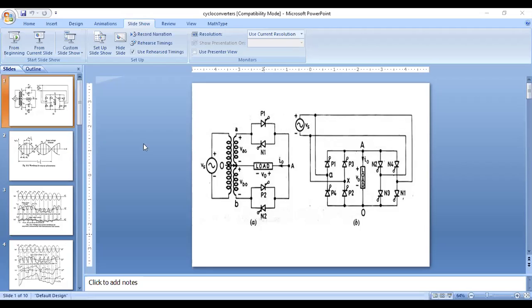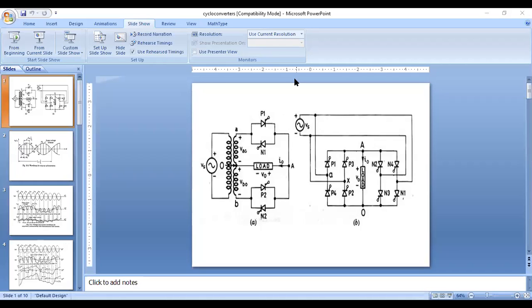I will make you the host so that you can operate the diagram and waveform, and you can explain. First circuit diagram and waveform. Anyone? You can raise your hand, sir.